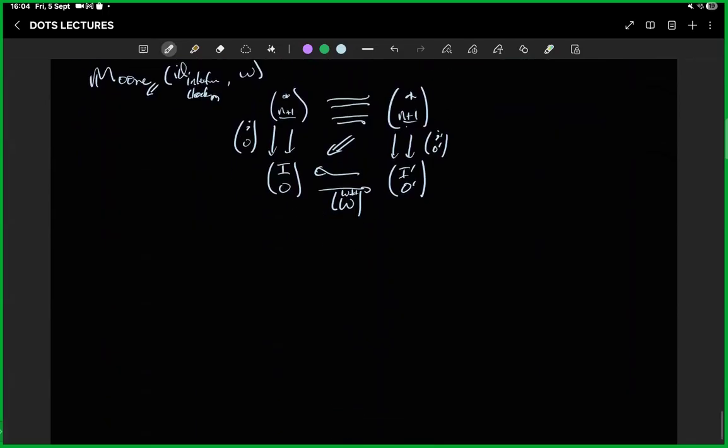Okay. What does this mean? Well, this means two things. One, for all t in n+1, so for all t from 0 to n, we have that W of O_t is equal to O prime t.